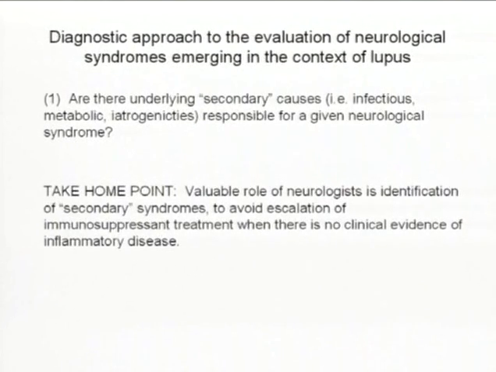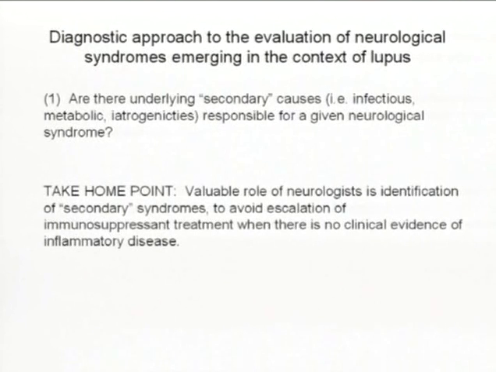They're immunosuppressed. The risk of infection is higher. They have a higher risk of metabolic derangements because of uremia, renal disease, other iatrogenicities. And so the take-home point here, especially for neurologists, is a valuable role to identify these secondary syndromes, to really engage the rheumatologist.